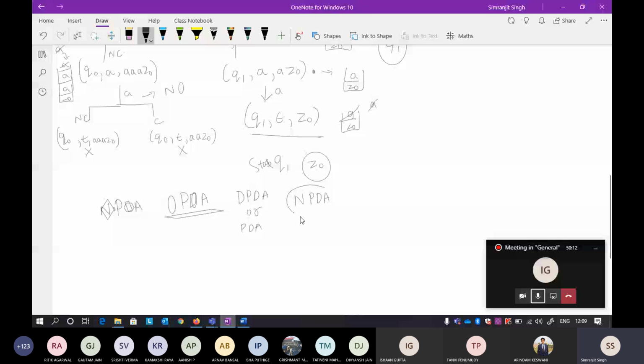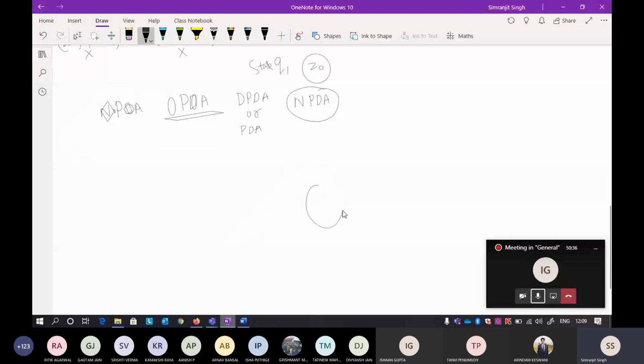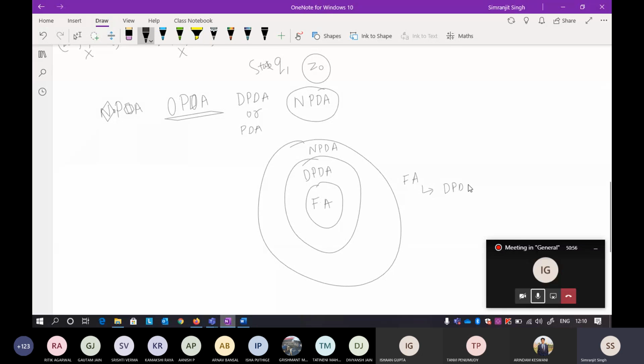Now the acceptor sets: finite automata is the least powerful, then comes the PDA or DPDA, and then the NPDA. If a language is accepted by a finite automata, it will be accepted by a DPDA and an NPDA.